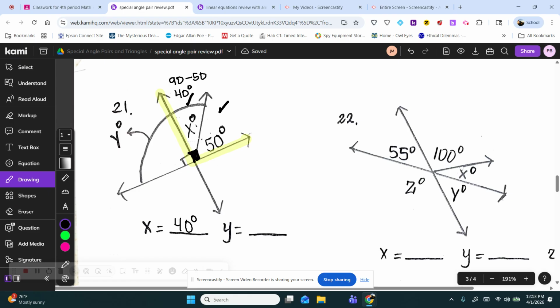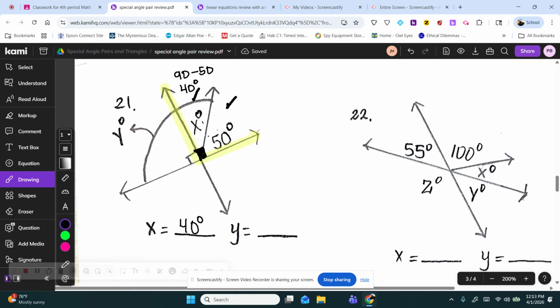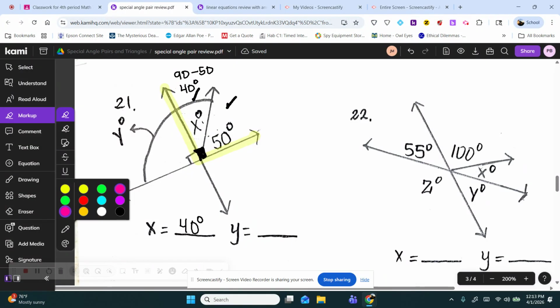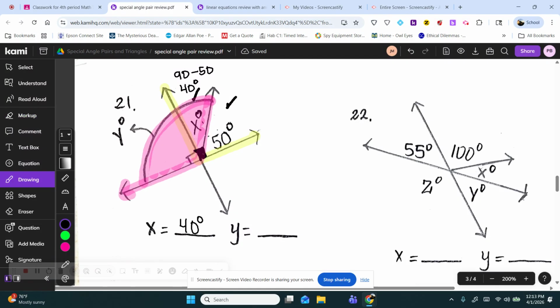All right, now for Y, it's a little different. I'm going to show you this. Y is made up of all of this, okay? So I'm going to go ahead and shade that portion in, and then we're going to talk about what we know. Since Y is made up of all of that, I know this portion is 40, and I know this shape is a 90-degree angle.